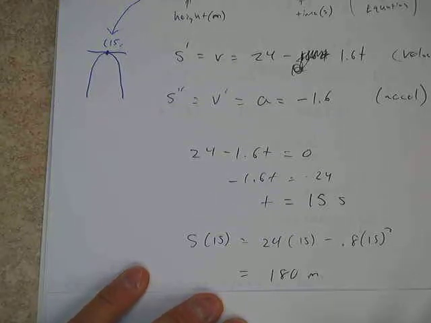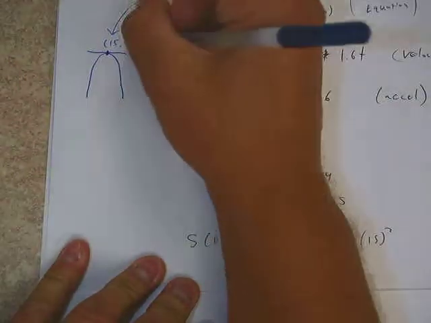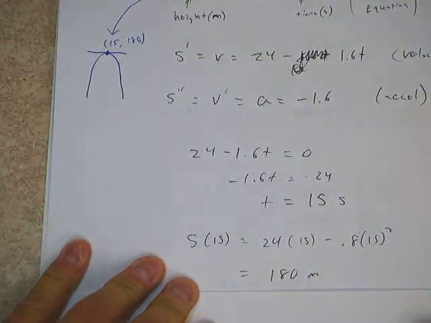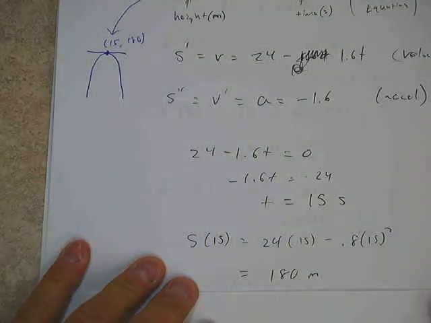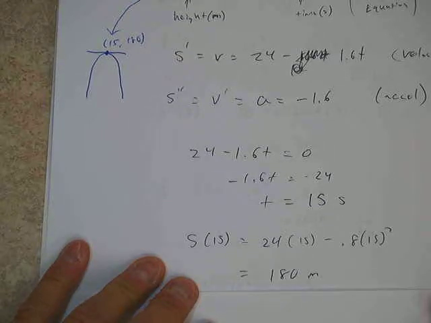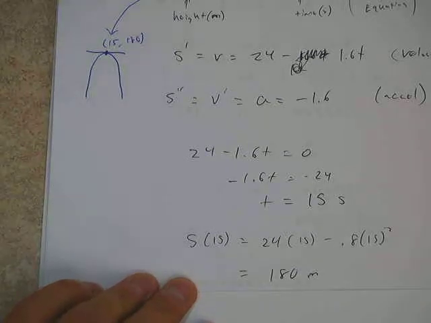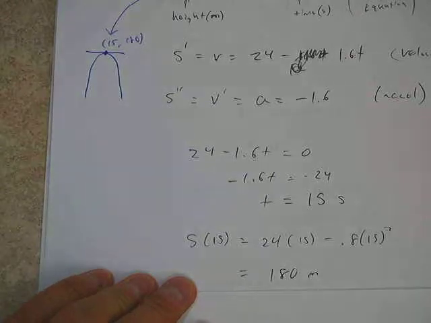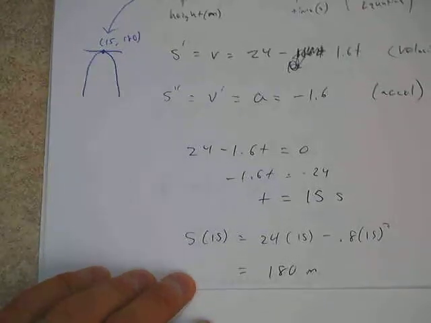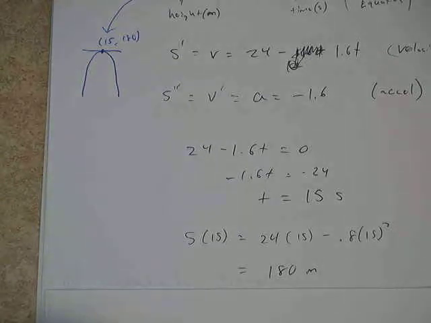So if I put 15 seconds into my equation, I can go ahead and get the answer of 180 in this particular case. If I plug 15 into my position equation, I'm going to get 180. And that's, again, the y coordinate of the maximum height point, which is how high the rock went. We'd say it goes 180 meters in the air.